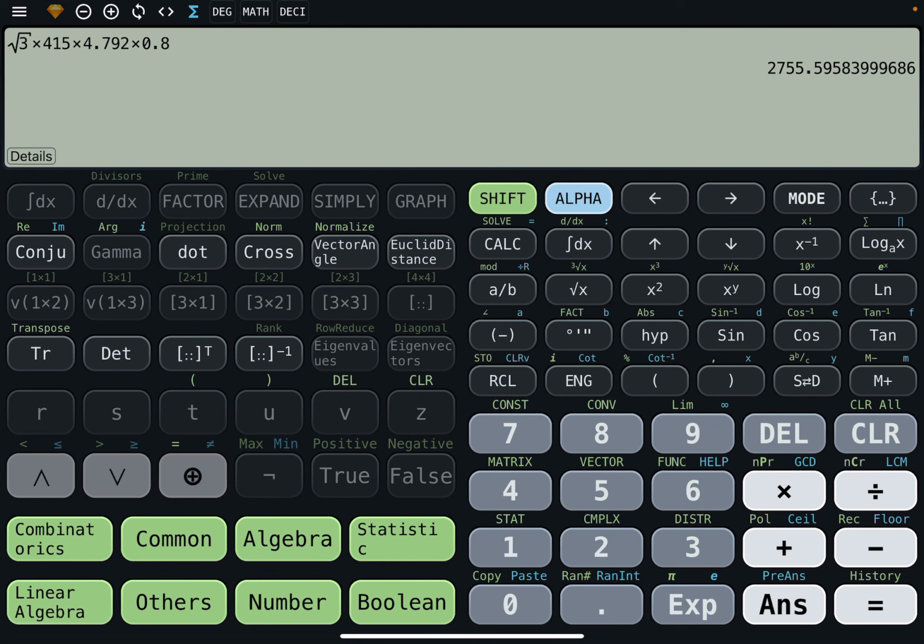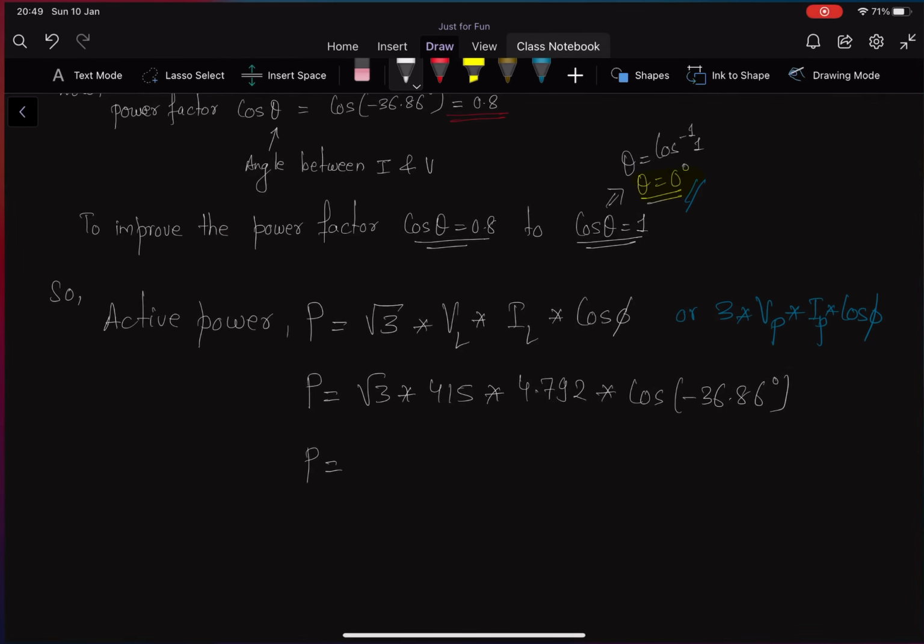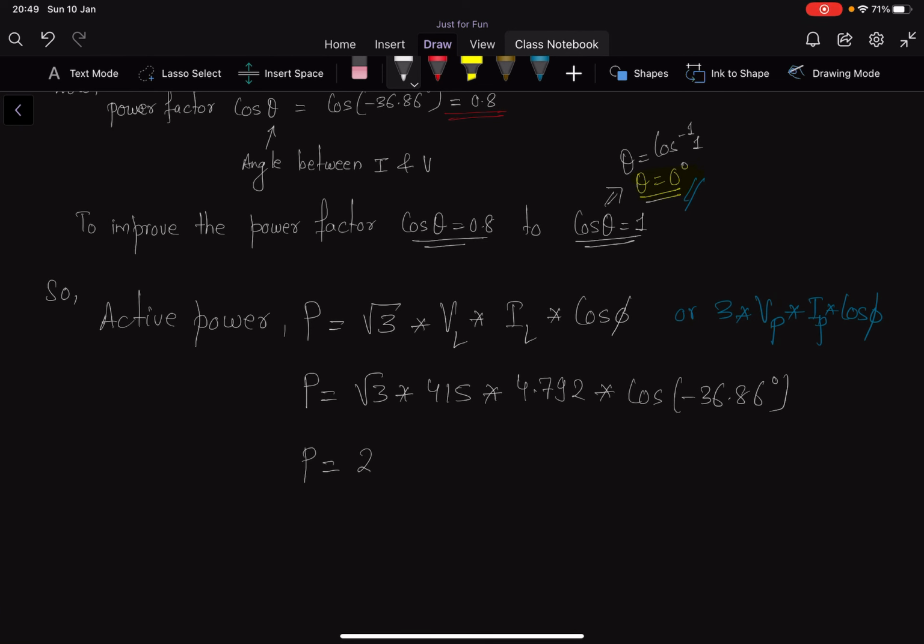So we got 2755.95. And what's the unit of active power? The unit of active power is watts.